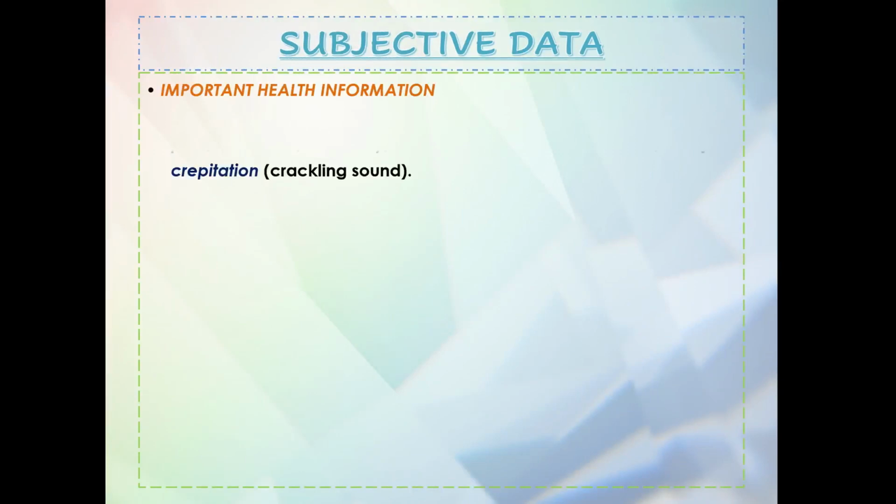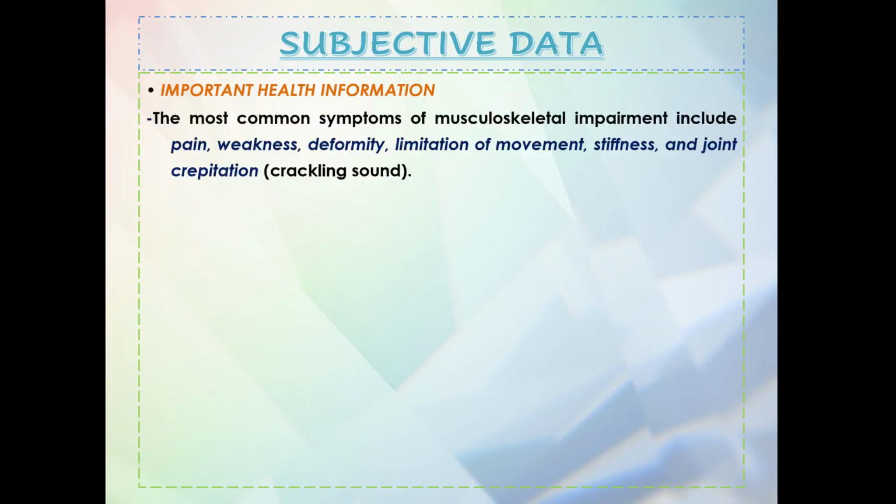So, important health information. The most common symptoms of musculoskeletal impairment na nararanasan ng mga pasyente natin include pain, weakness, deformity, limitation of movement, stiffness, and joint crepitation or yung crackling sound na tinatawag.